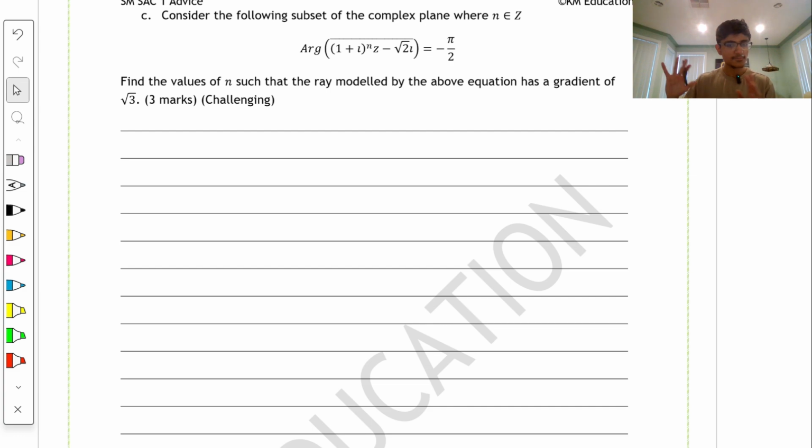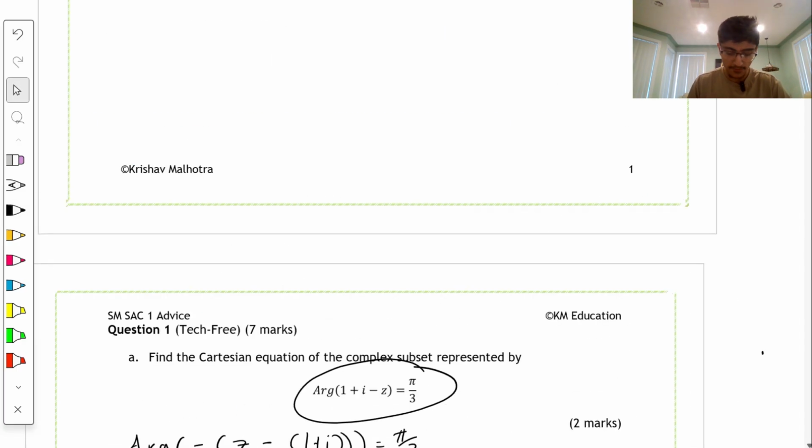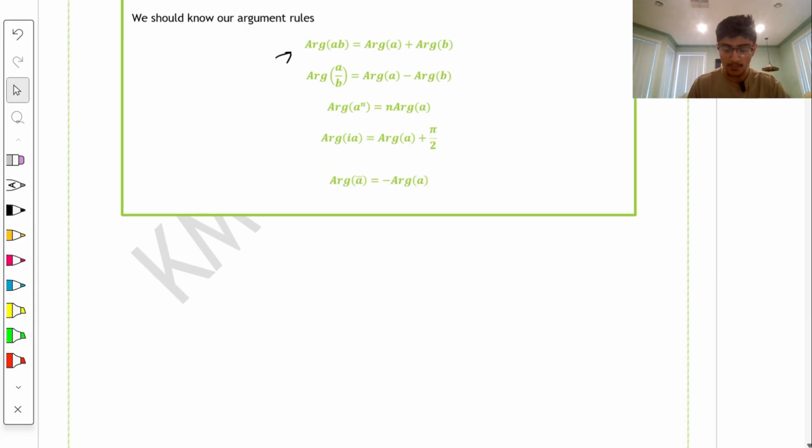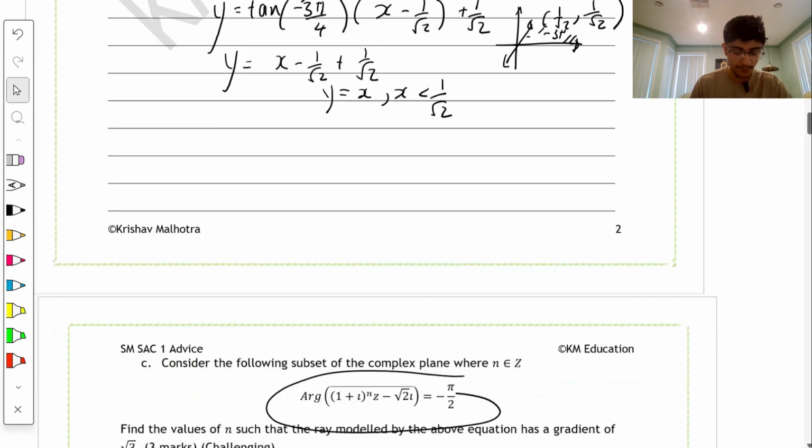Now, we can see that this is obviously a more complex question. So my advice is don't get overwhelmed. Just start off with what you already know. We can see that I can maybe simplify this first, and maybe once I simplify it, I can get an idea of how to actually solve the question. So over here, I'm going to remove the conjugate first using rule number 5, which basically says that if I remove the conjugate, I've got to put a minus sign in front.